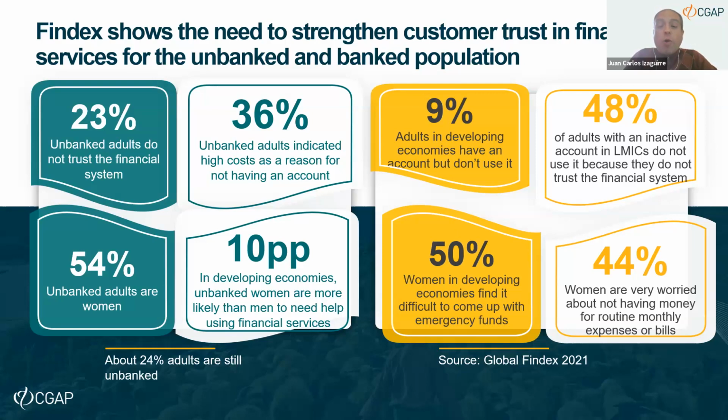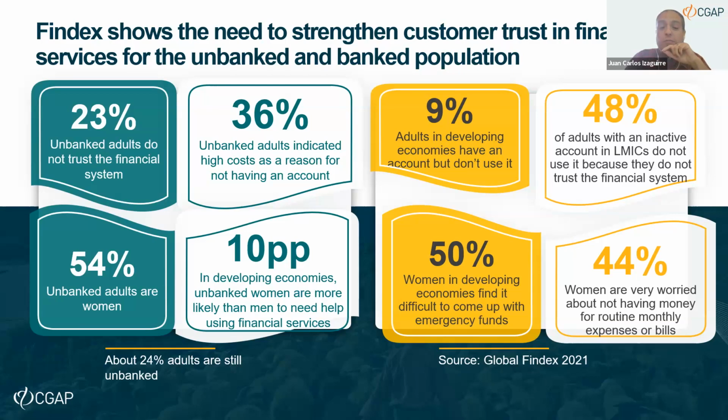And women were 10 percentage points more likely than men to need help using financial services. This puts them in a situation of greater vulnerability. They can be exposed to greater risks when using financial services.